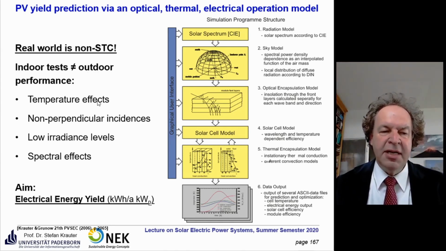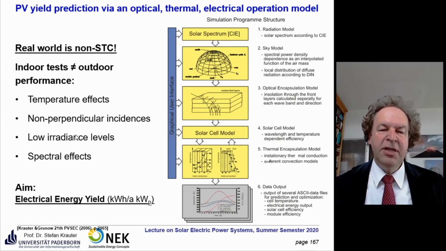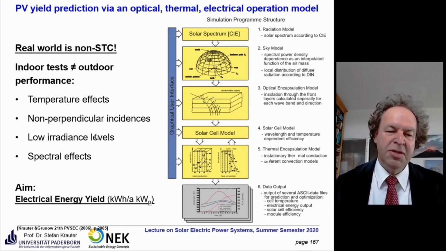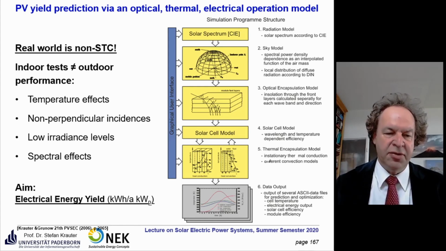As I mentioned already, there are temperature effects. There are effects due to reflection, that means non-perpendicular incidences, and the efficiency goes down at low irradiance levels. And this is particularly important if you apply it in Germany, because we have for long periods, winter in particular, this winter not, but usually we have quite low irradiance levels, and there the performance and the efficiency is not the efficiency given in the standard test conditions.